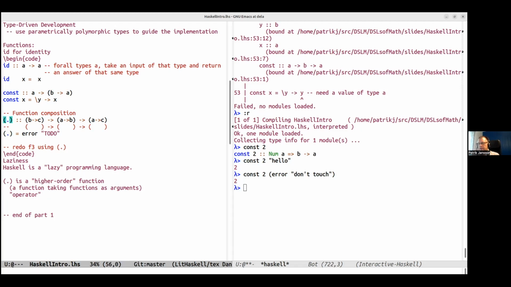The other thing is that I've written parentheses around the dot here, and that's because if I use operator characters like plus and dot and minus and so on, I can use the function infix. So the function is called dot, and it can be used between its 2 arguments. If I say f dot g, now that is calling the function dot with 2 arguments, one called f and the other called g.